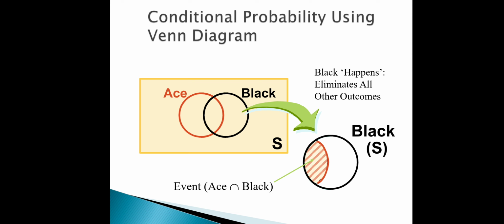This is the mathematical formula for conditional probability. Conditional probability using a Venn diagram: if black happens, eliminate all other reactions. Therefore the event S and black.